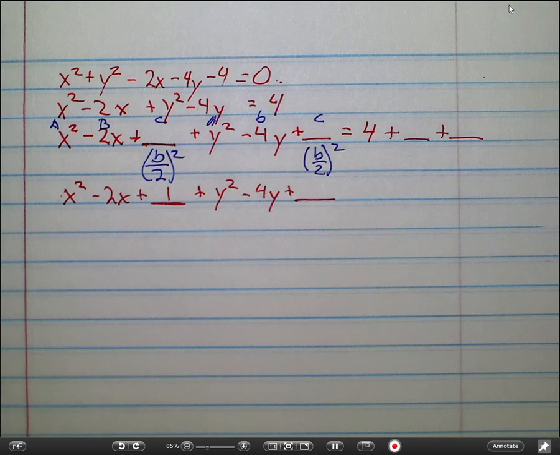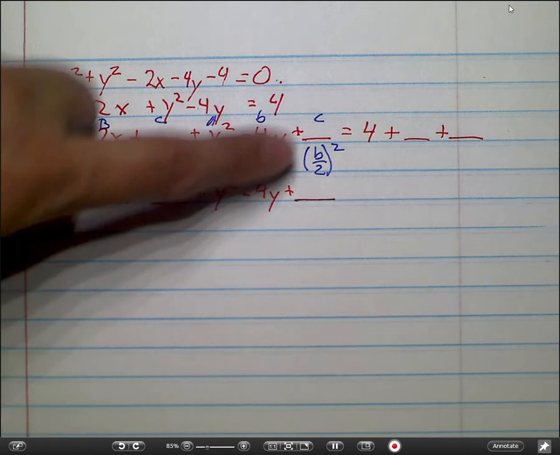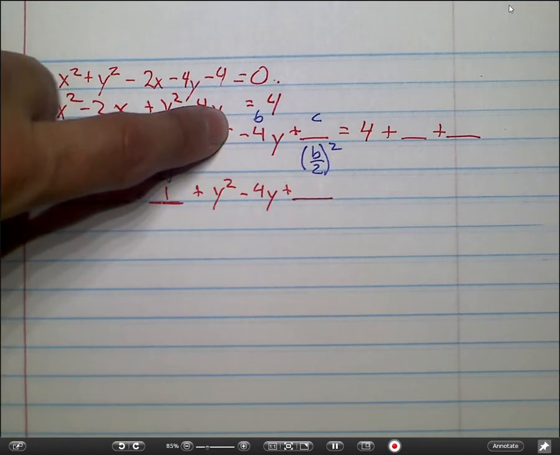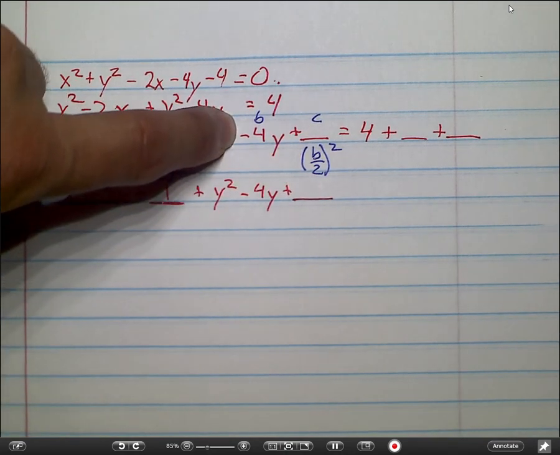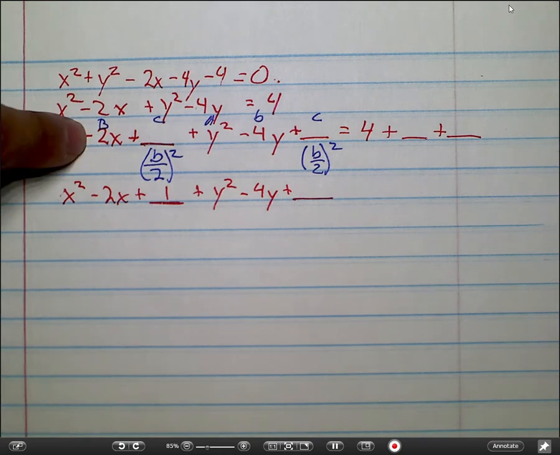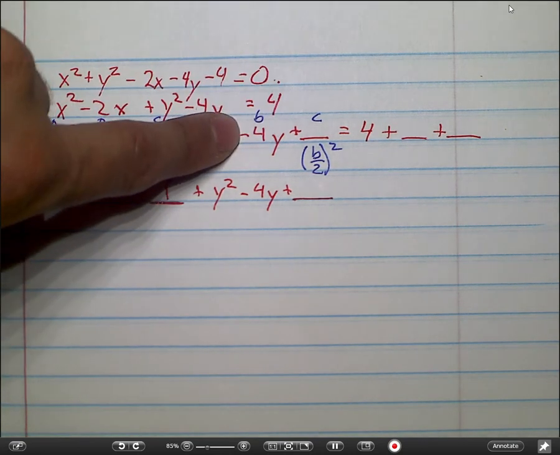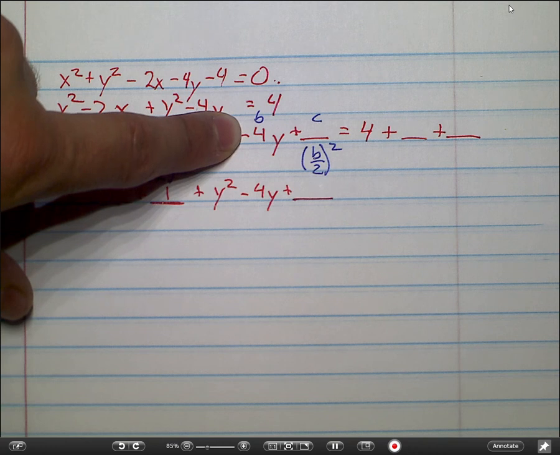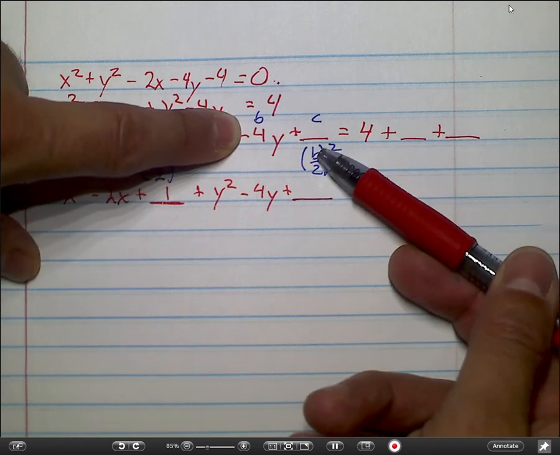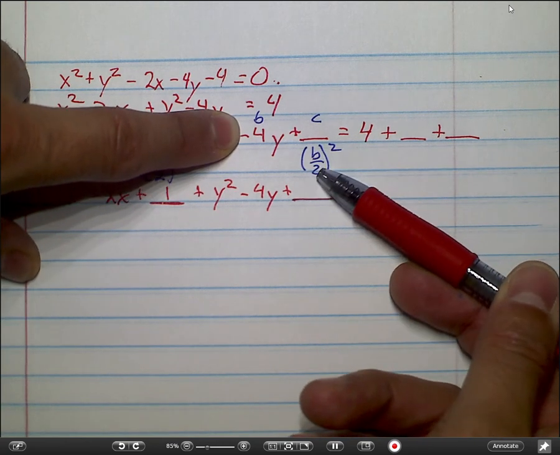I know. So, what is my b value? It's negative 4 here, right? For my y's, because I have 2 of them. I have one for my x's, and I have one for my y's. So my b value is negative 4, isn't it? Yeah. So what am I going to do to that negative 4? Divided by 2. Which gives me negative 2.